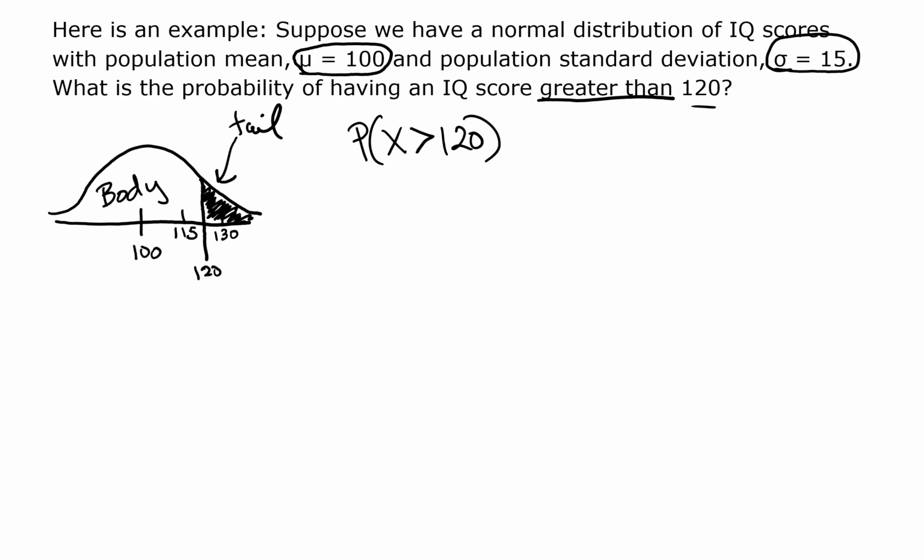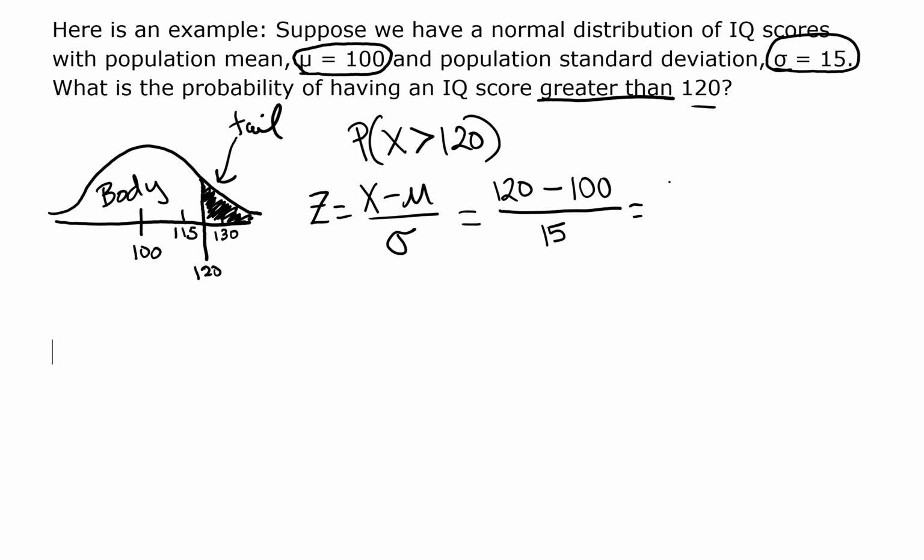Z is equal to X minus mu over sigma. So X is 120 minus mu, which is 100, divided by sigma, which is 15.